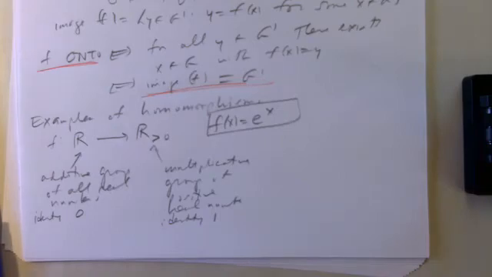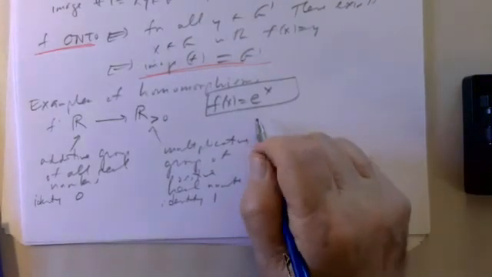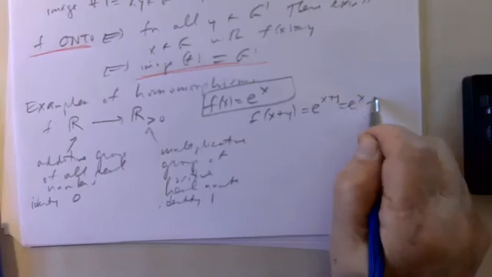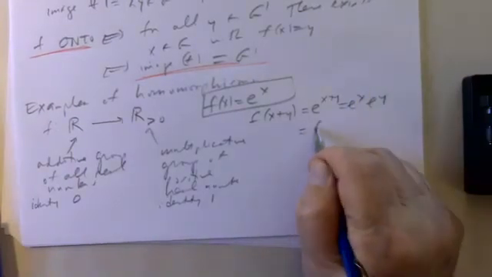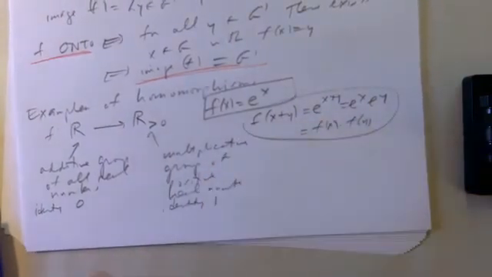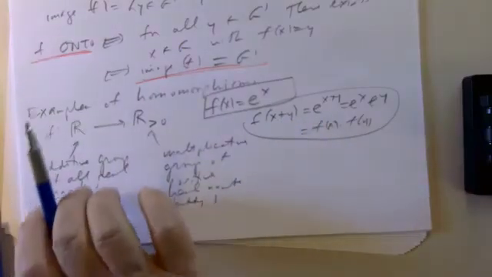This is a group homomorphism. Why? Because f of x plus y is e to the x plus y, is e to the x times e to the y, is f of x times f of y. That's the definition of a homomorphism from an additive group to a multiplicative group.